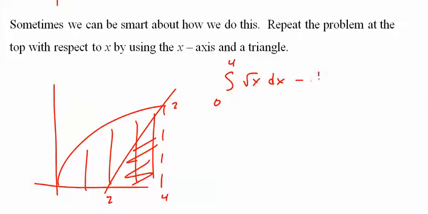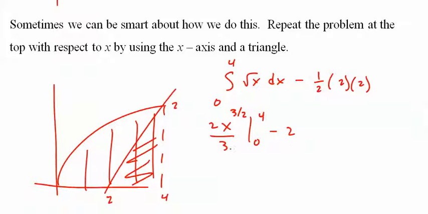It's just going to be 1/2 times 2 times 2. And we will get, I'll do this one just for the fun of it, 4 square root of 2 is 8 times 2 is 16/3 minus 2, which is 10/3 again.